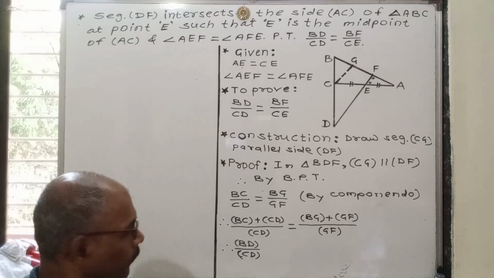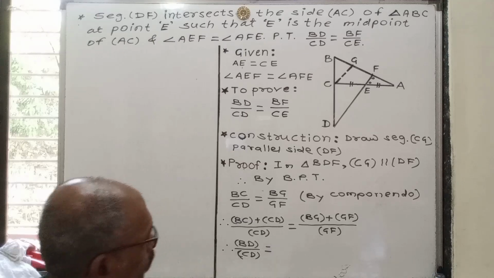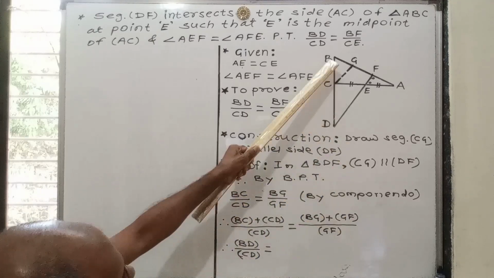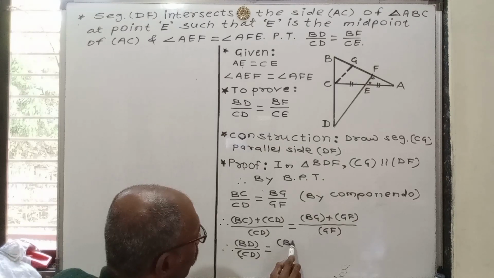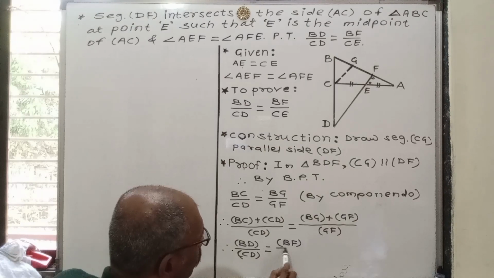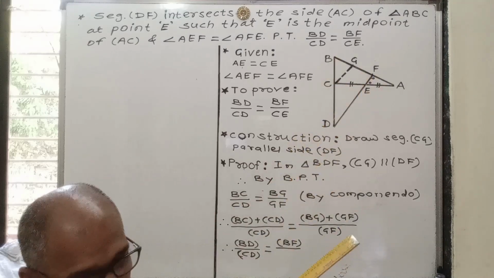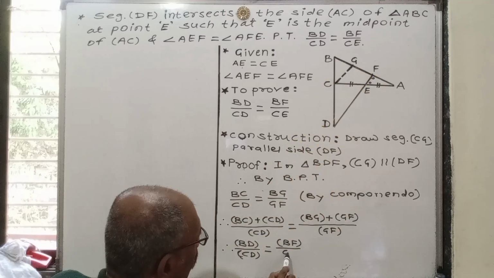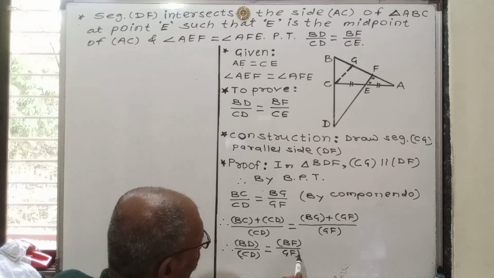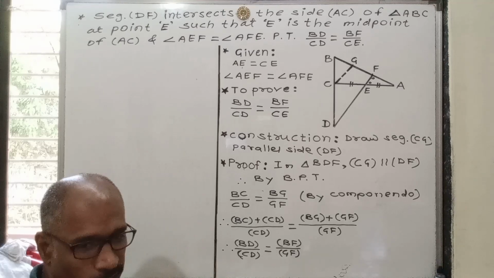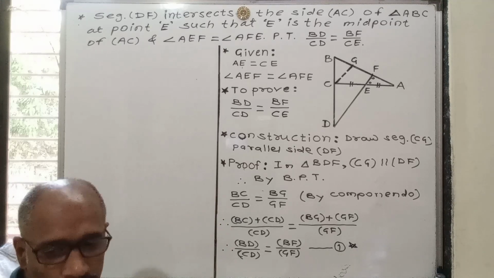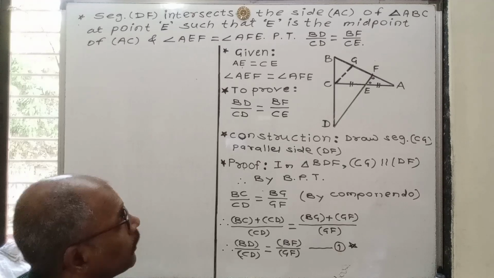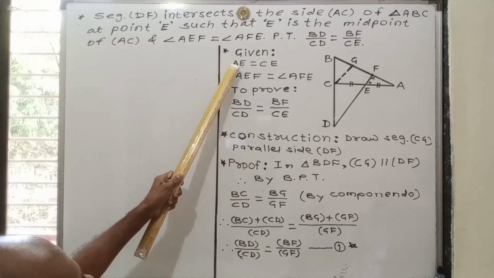Is equal to, here BG plus GF means BF, total BF upon GF. Did you get it up to this? This is equation number 1. Very, very important equation.